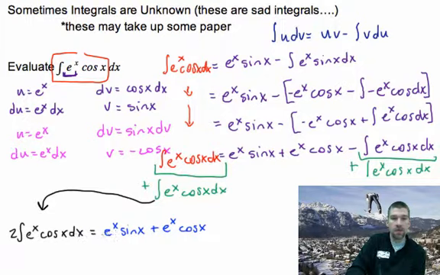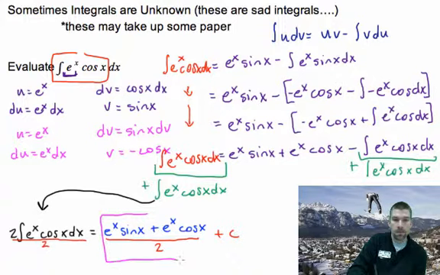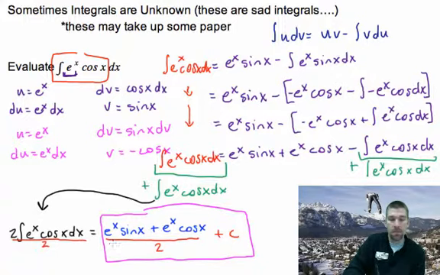And then if we divide all of that by the 2 right here, and add a c, we've got our integral. Because then the integral of e to the x cosine x dx is this answer inside the box.